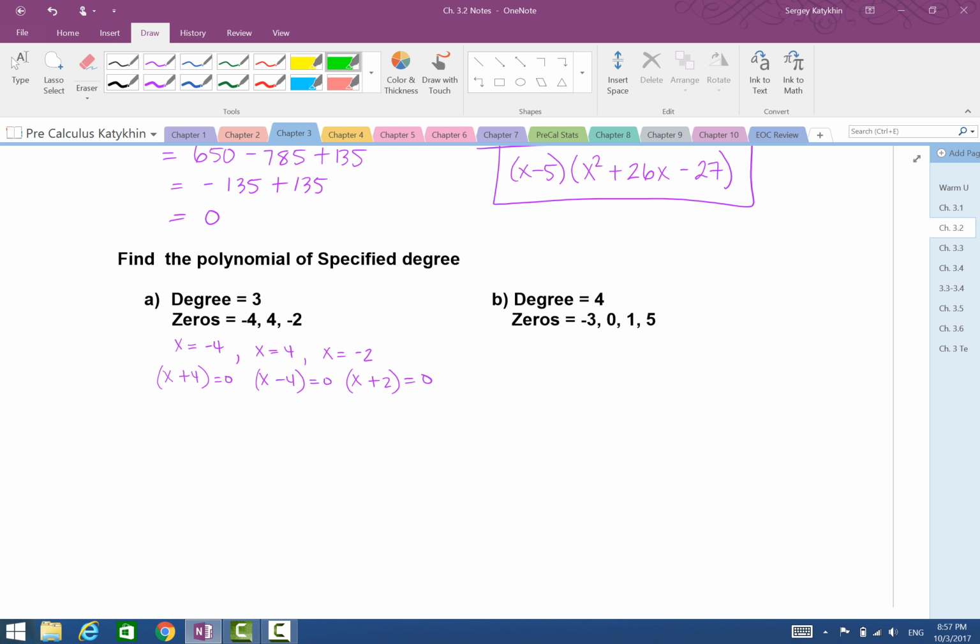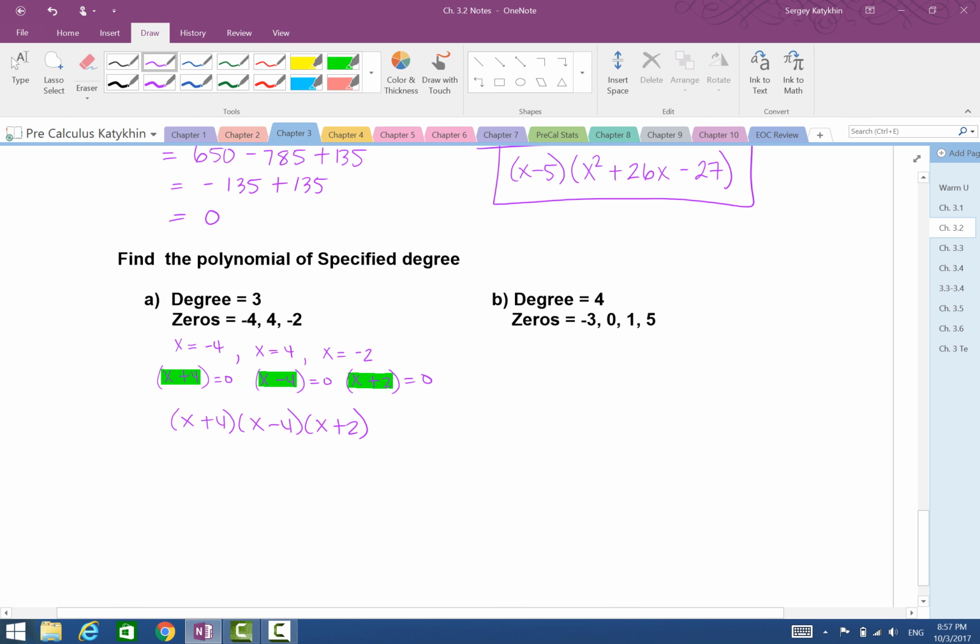So actually working backwards, I got my 3 factors: x plus 4, x minus 4, and x plus 2. All I have to do now is multiply them out. So I have x plus 4 times x minus 4 times x plus 2.